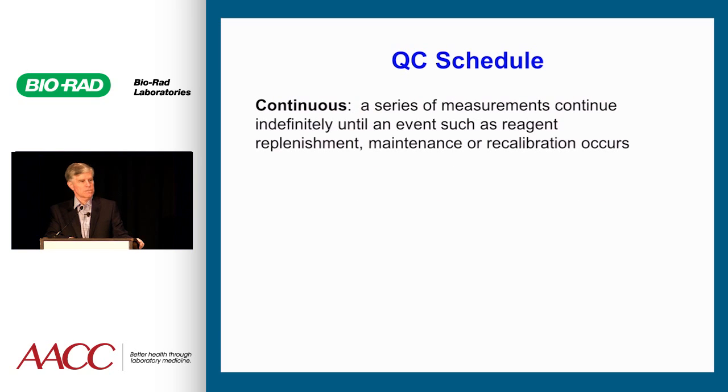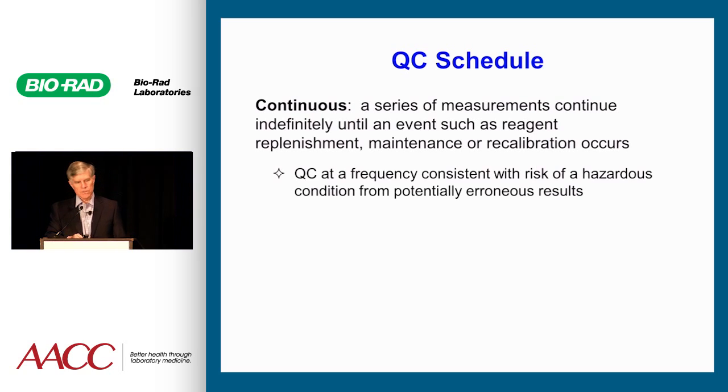Continuous measurements. These have become common in our laboratories, particularly in the high volume chemistry and hematology environment. A series of measurements continue indefinitely until some event occurs, such as reagent replenishment, maintenance, or calibration. In this situation, we need to figure out the frequency to run QC consistent with the risk of a hazardous condition from potentially erroneous results actually causing harm to a patient.